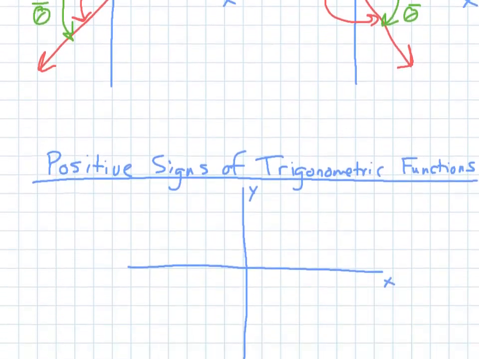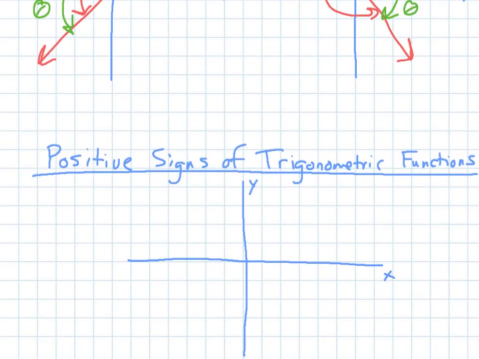Okay, and so those are the operations that we need to use to do that. Just to add to this, in the quadrants, certain trig functions are positive and some are negative. In the first quadrant, all functions are positive, because x and y are both positive in that quadrant.